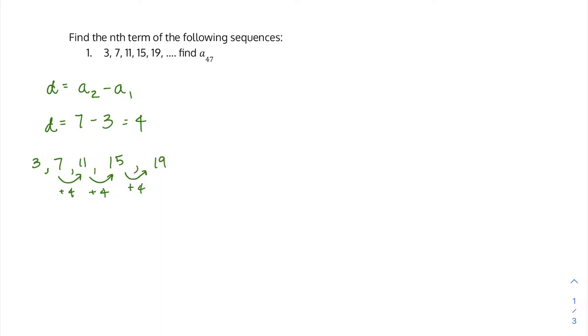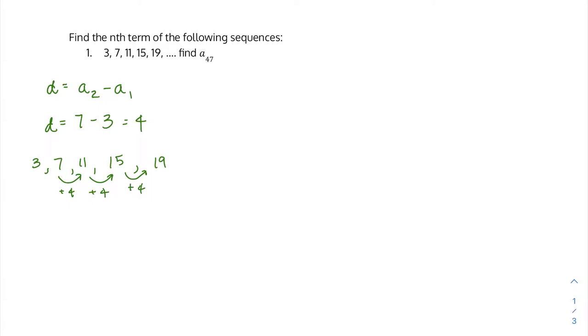So yes, this is arithmetic with a common difference of 4. This is not something you need to show on your paper as work; you can do it in your head to determine that it's an arithmetic sequence.